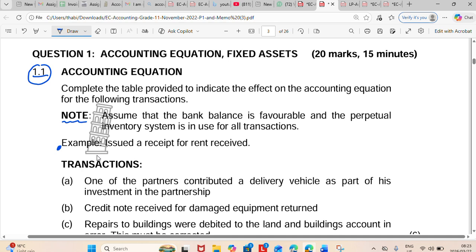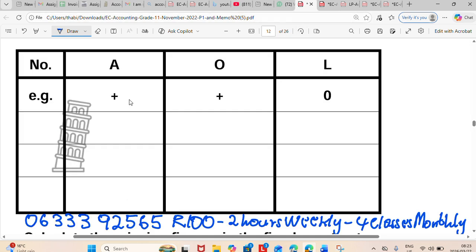Obviously, guys, if we're receiving rent, what will happen? Our assets will increase, as you can see, asset A plus. Rent received is rent income. Income has a positive impact on owner's equity, so you add on owner's equity, and there is no impact on liabilities. If there is no impact, guys, no effect, we need to just write a 0.